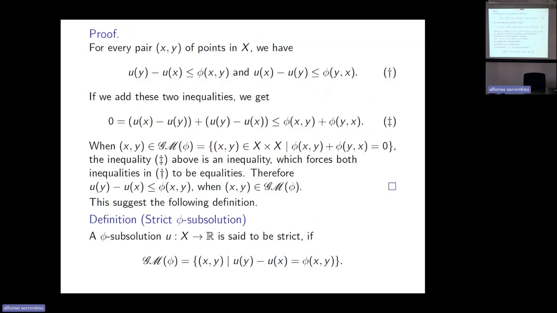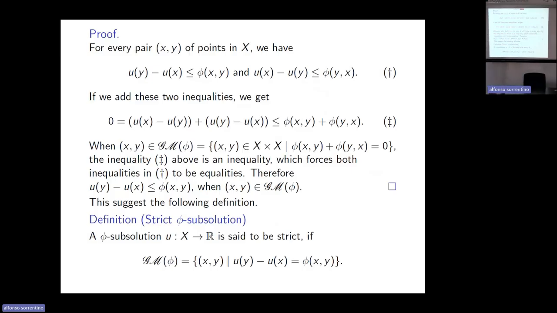Okay, so why is it like that? For every pair xy of points in X, we have uy minus ux is less than or equal to phi of xy, and ux minus uy is less than or equal to phi of yx. So we get 0 is ux minus uy plus uy minus ux, which is less than or equal to phi of xy plus phi of yx.